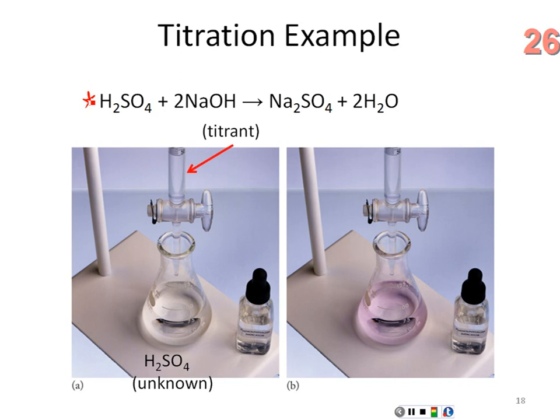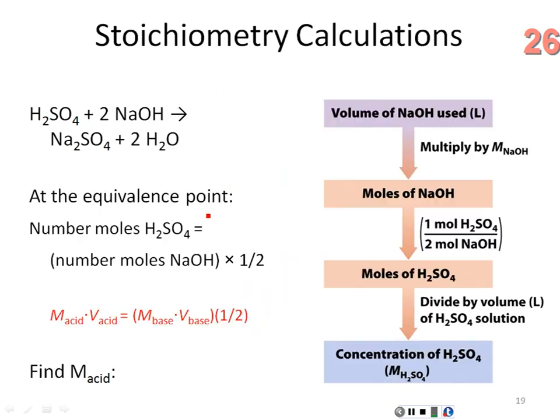The titrant would be sodium hydroxide, and that's in the burette, which has lines on it, so you can see what volume you're adding precisely. Your endpoint is reached. You get a color change shown here, slight pink color. Now let's see, how do you actually determine a concentration of your unknown sulfuric acid?